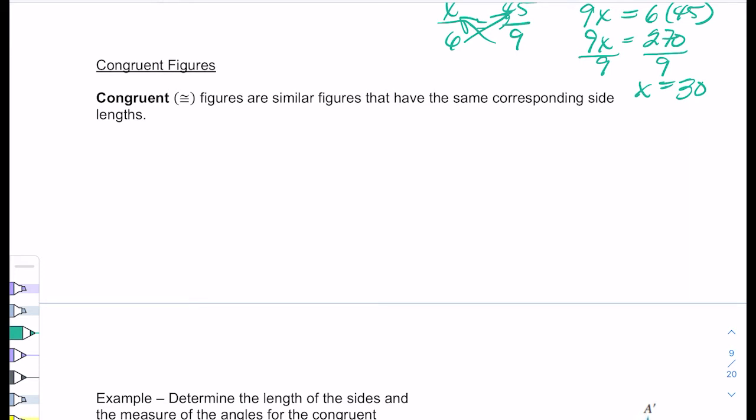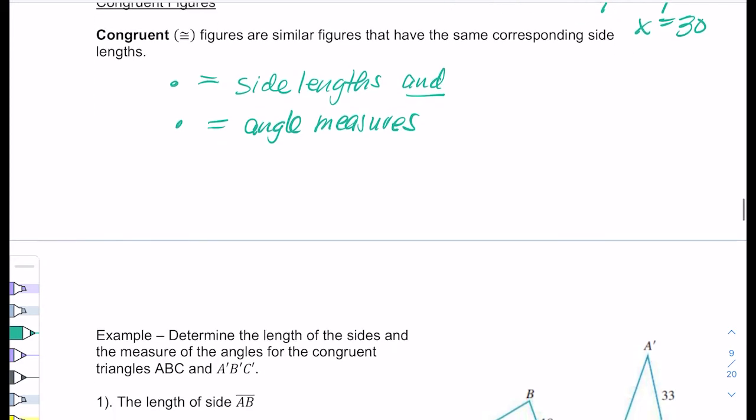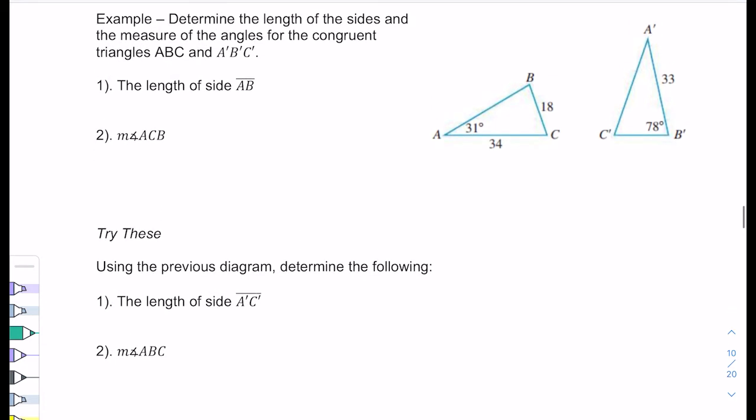So what's important to remember for congruent figures, they're going to have equal side lengths and they're also going to have equal angle measures, which is different than similar figures. Remember, similar figures have equal corresponding angle measures, but their side lengths are proportional. In congruent, the side lengths are equal. Okay, so that kind of makes things easier for us.